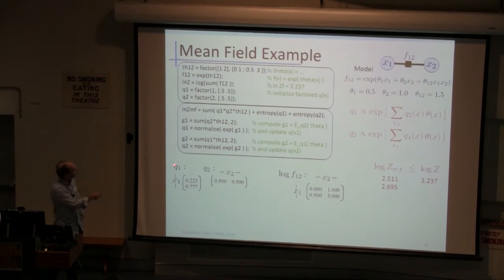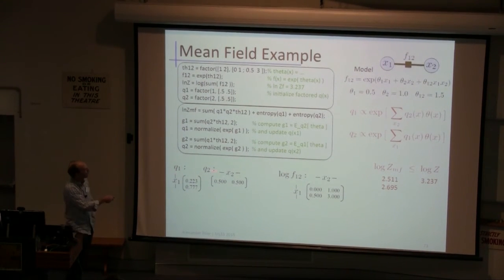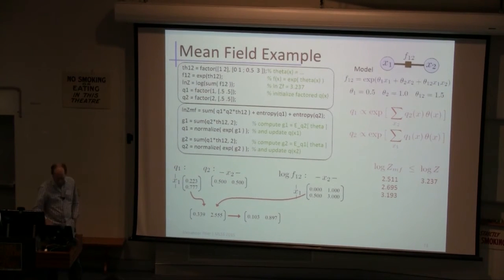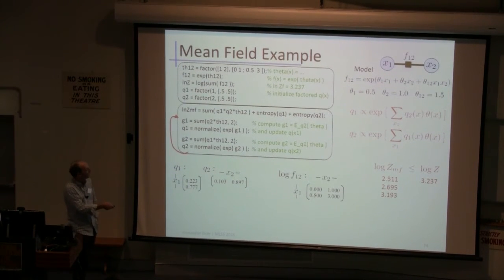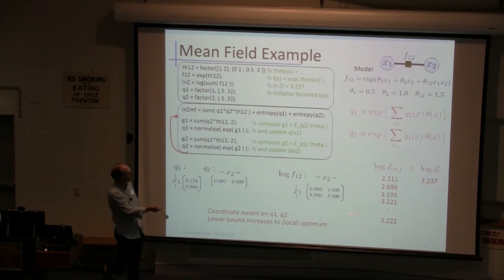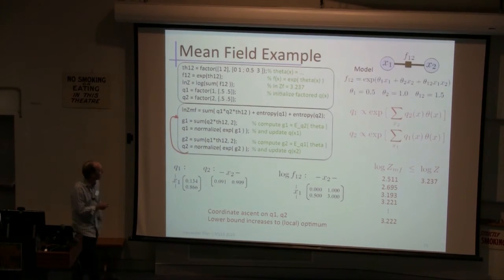Our newly updated Q1, Q2 product has now increased the log partition function lower bound. If we then fix Q1 and take the expectation and get a distribution over x2 and normalize, we'll get a new value for Q2, increasing the lower bound still further. And if you iterate over this, eventually you will converge to some local optimum.